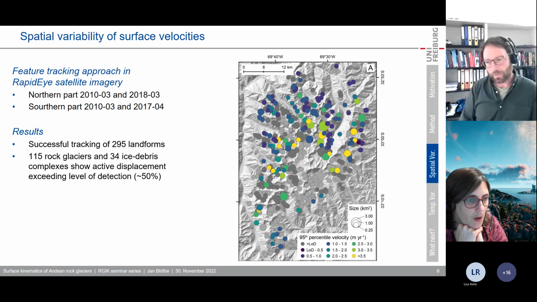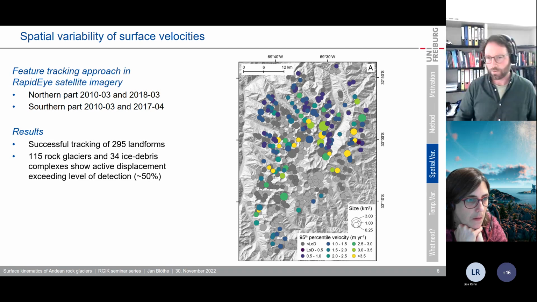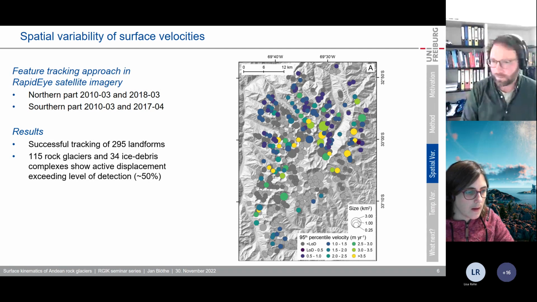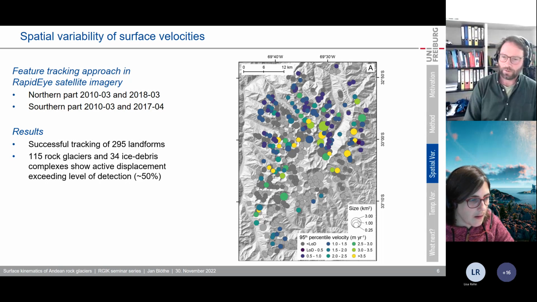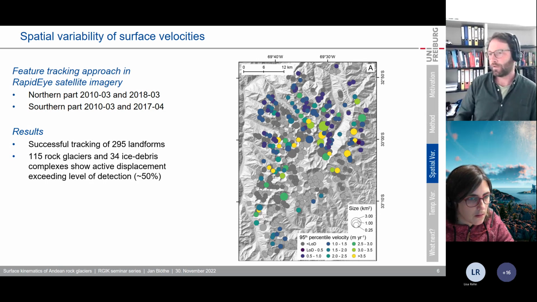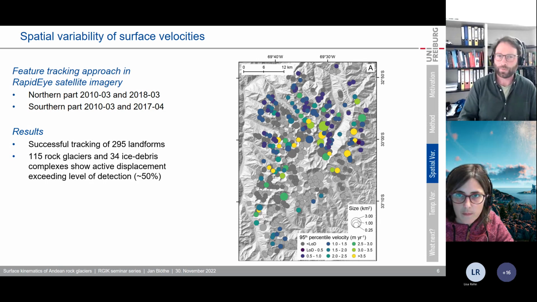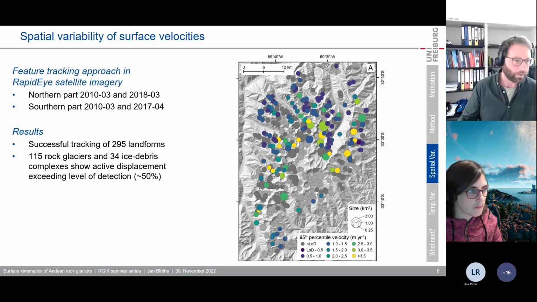What you see here is the 95th percentile of velocities of the tracked landforms, so rather a maximum velocity idea that we are getting here. And you see that we find a lot of features that move quite fast, at least exceeding 1 meter per year in this time span between 2010 and 2017 or 18.